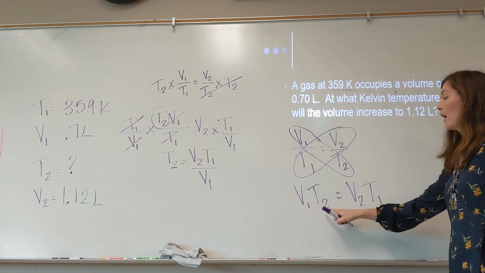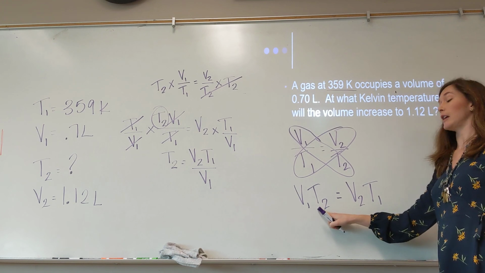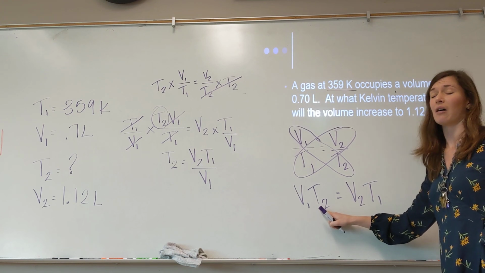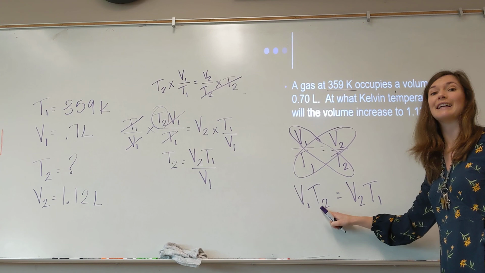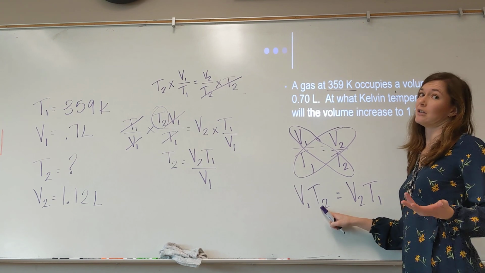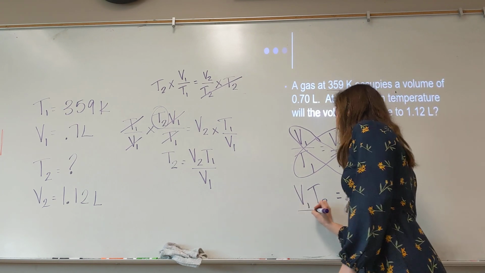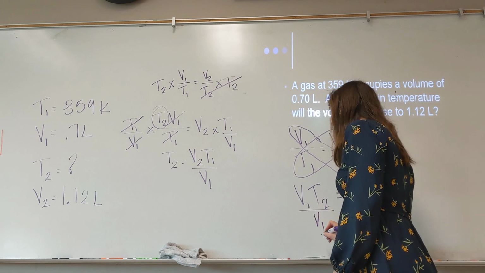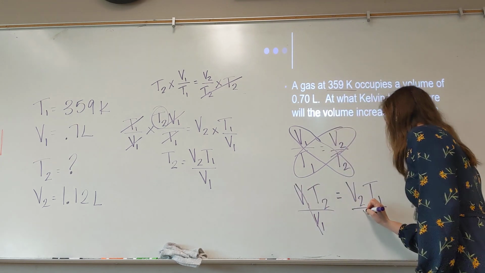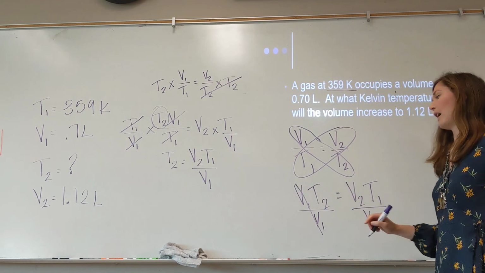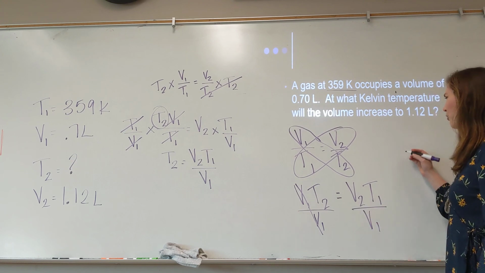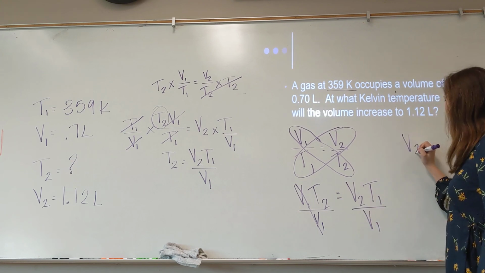Alright. Now remember, my goal ultimately is to get T2 on the top, to get T2 by itself. So how do I get T2 by itself? Now I have to divide both sides by V1. Now I'll have T2 is equal to this side. I'll rewrite.